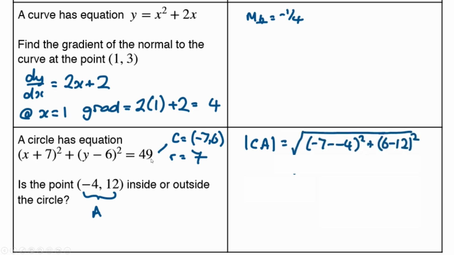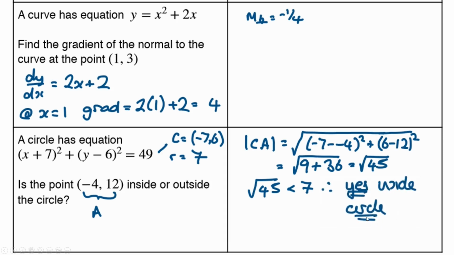So in other words, the difference between minus 7 and 4 is 3. And the difference between 6 and 12 is 6. So 3 squared plus 6 squared is going to give me root 45. Root 45 is obviously less than root 49. So let's state that, because I'm getting all these marks for rigour, which means it's definitely inside the circle. Answer the question at the end.